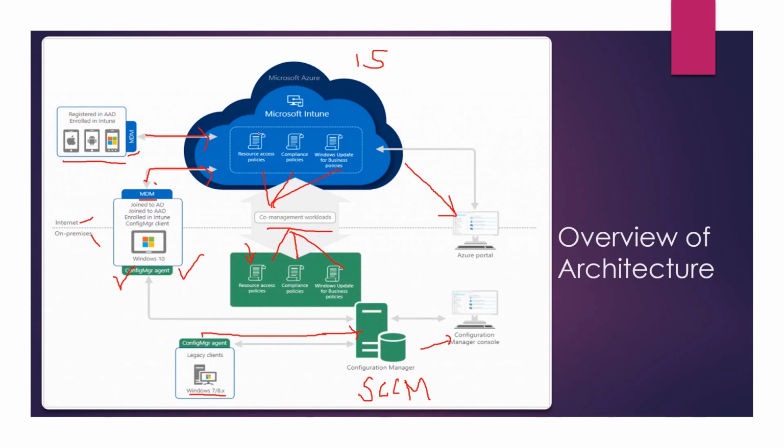Which means that if we have created a resource access policy 1 in Microsoft Intune, and if we have created a resource access policy 1 in SCCM, then it is going to be the resource access policy from SCCM which is going to get delivered to the device, and not the resource access policy which is created in Microsoft Intune. So the status of this workload determines from where the policy is going to come to the device and take effect.